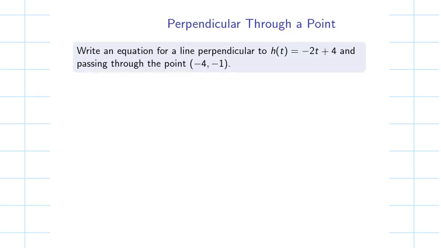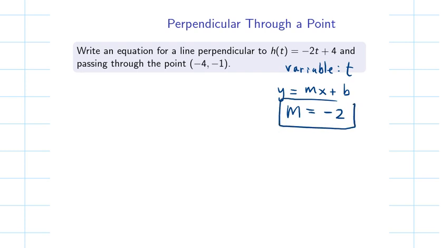Perpendicular through a point. Write an equation for a line perpendicular to this equation and passing through the point negative 4, negative 1. Notice that the variable is not x, it's t, but that doesn't make a difference. What we're really looking at is a slope-intercept form, and so you can see that the slope is m equals negative 2, and we want a line perpendicular to this.